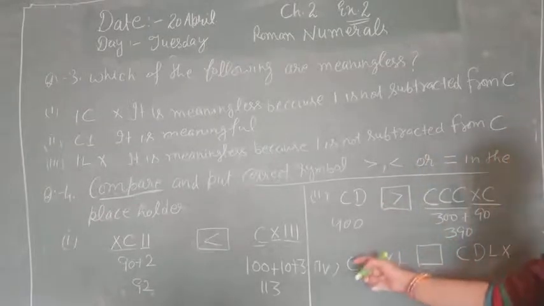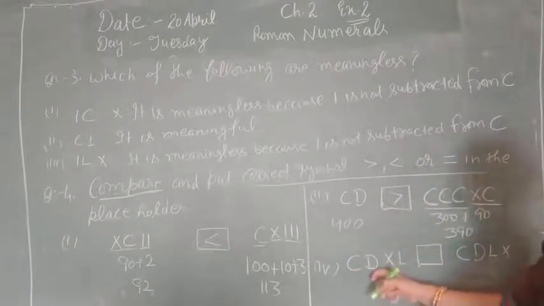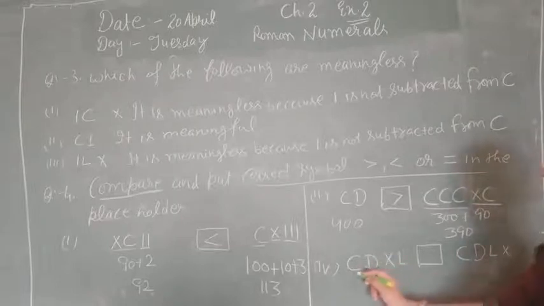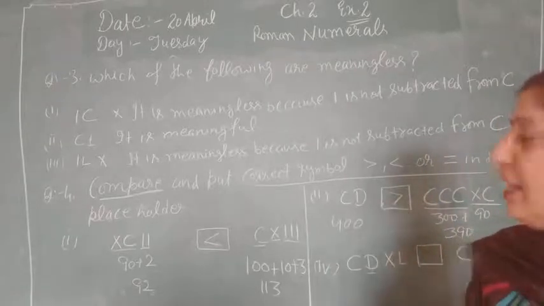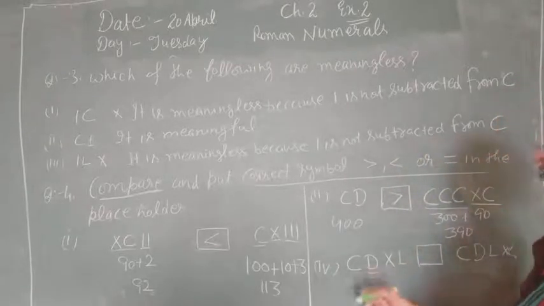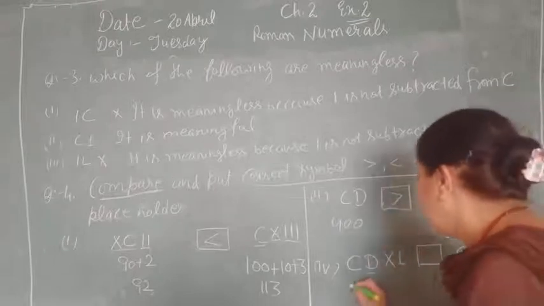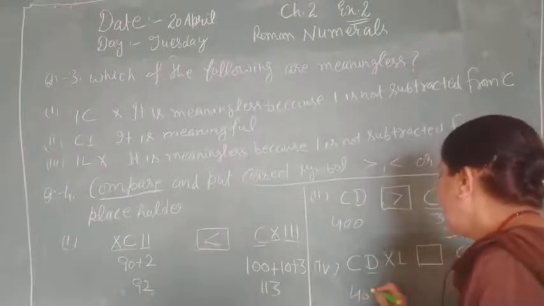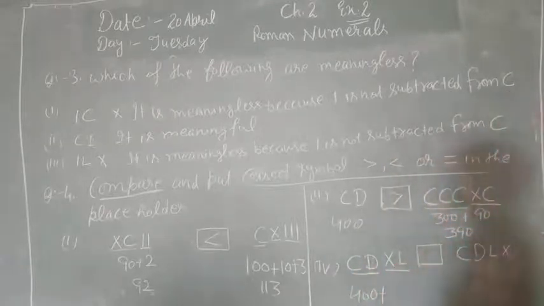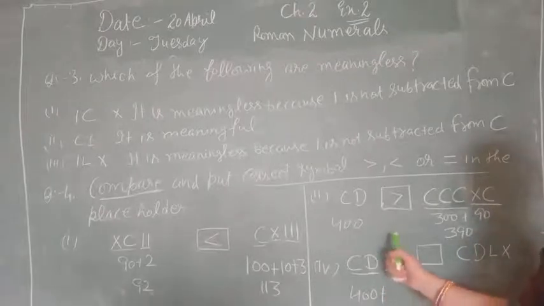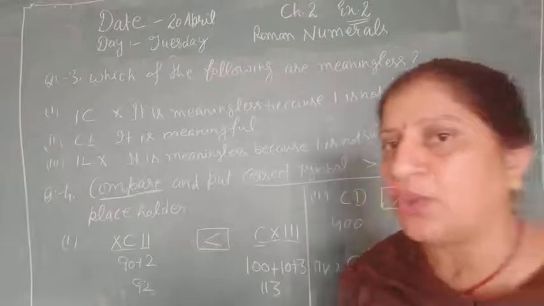Now we do the last part of this exercise, and the last part is CD. D is represented for 500 and C is represented for 100. It is on the left side. It means that we subtract the number. Then we get 400. Now this number is XL. Again, L is used for 50 and X is used for 10. It is on the left side of the number.